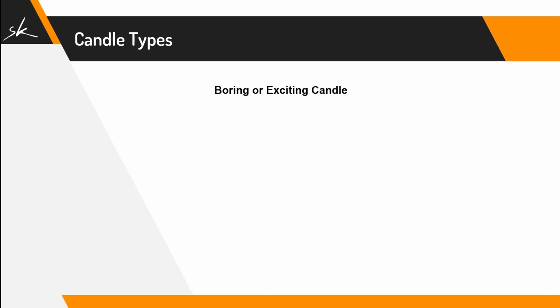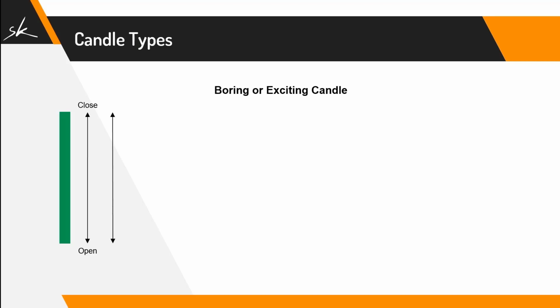Now let's look at some examples of boring and exciting candles. In the first candle, we will take the range of the body, which is from the open to the close. Next, we will take the range of the candle, which is from the high to the low. Now we will take 50% of the candle range and compare the body range with it. Since the body range is more than 50%, we will call it an exciting candle.